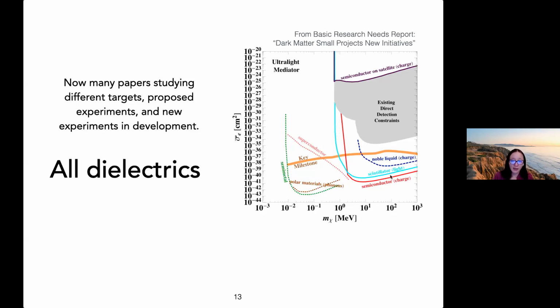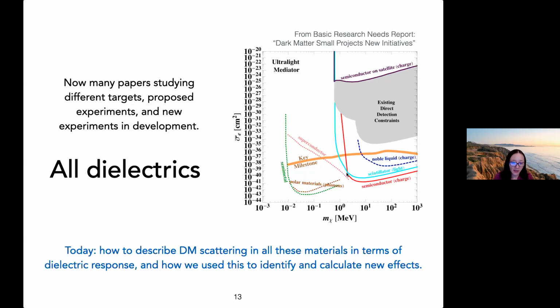And the similarity in all of these is that I'll be able to treat them all as dielectrics and try to put all of the complicated many-body physics into one function. And so the goal of my talk today is to describe the dark matter scattering in semiconductors and all these experiments in terms of what's called the dielectric response, and use this to calculate some new effects, including the Migdal effect.